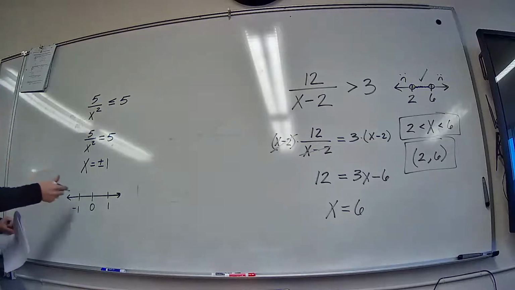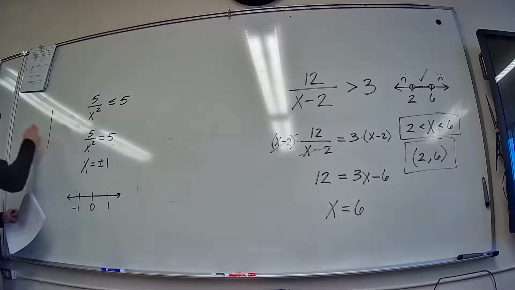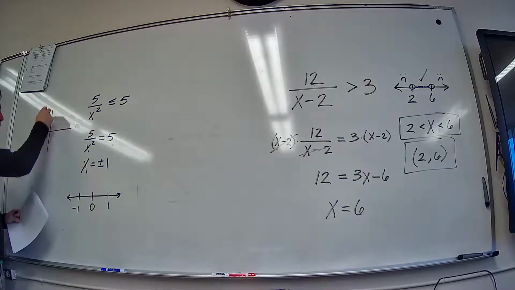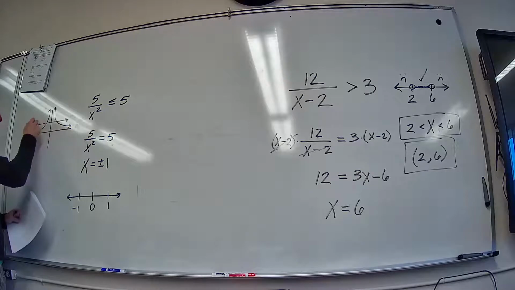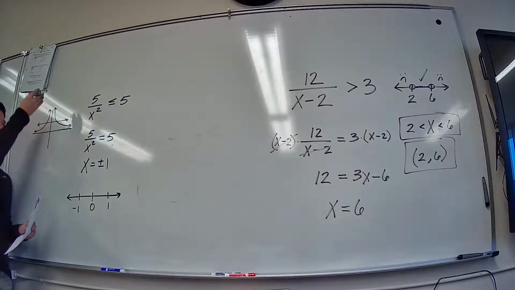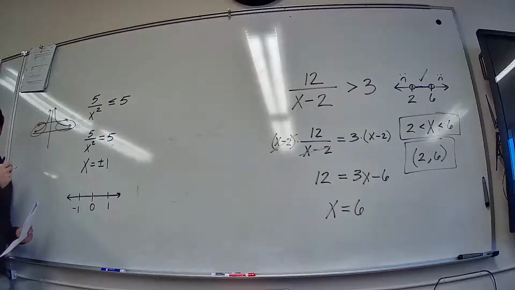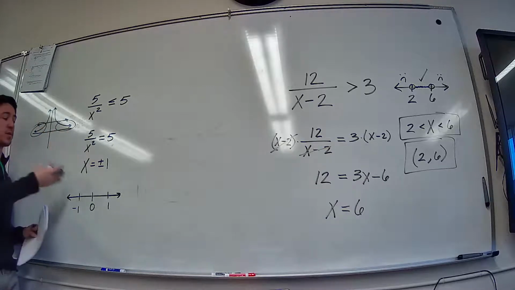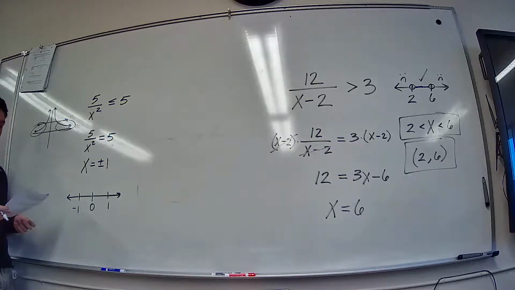Now we've got 4. This is where it's really helpful to know what these graphs look like. If you know the graphs, you can just see visually when this is below 5. Over here and over here, right? To the right of 1 and to the left of -1. Or you can plug in and test it out.